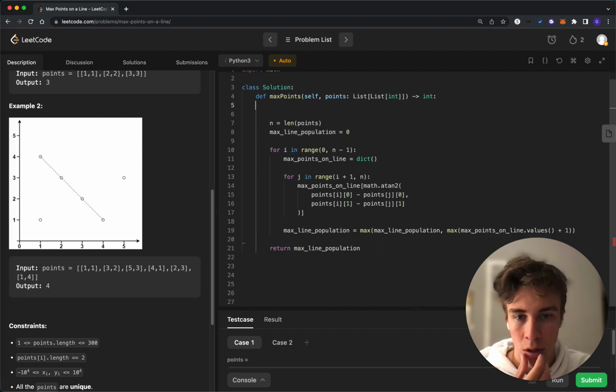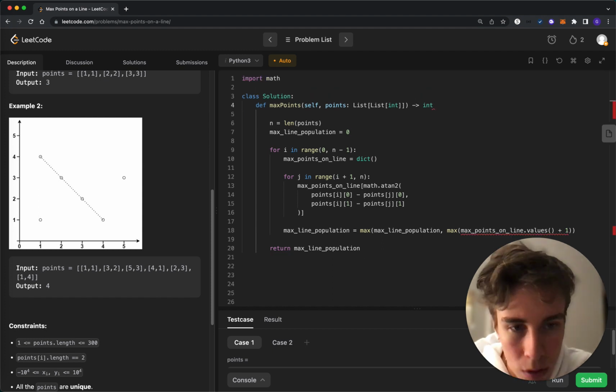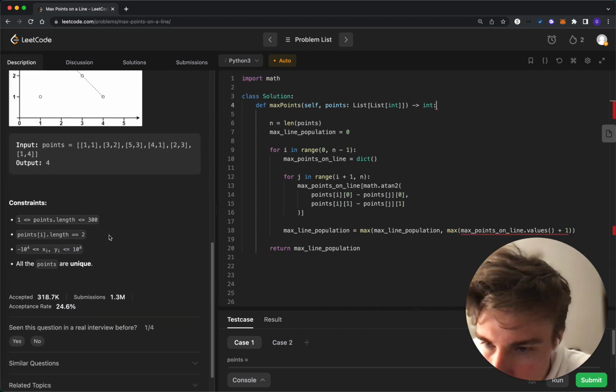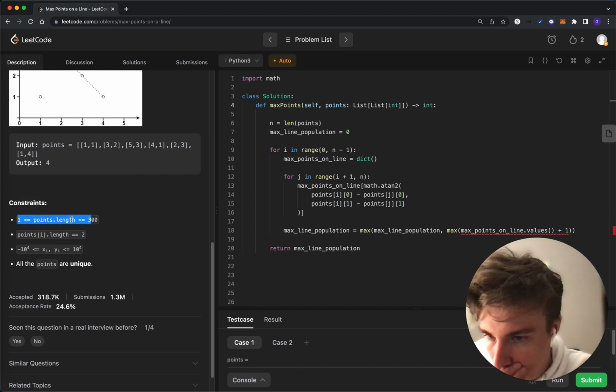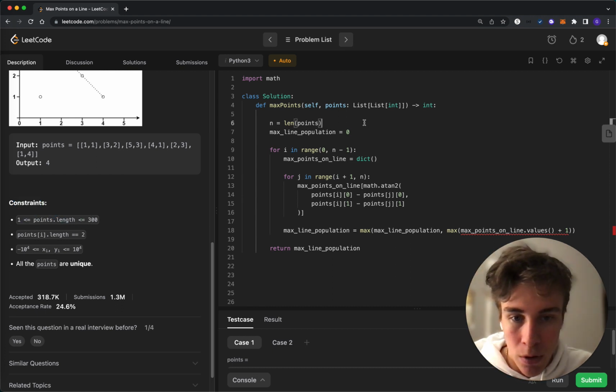Let me look through this quick. Let me see if any constraints actually prevent this from being run successfully. So also it could be equal to 1.